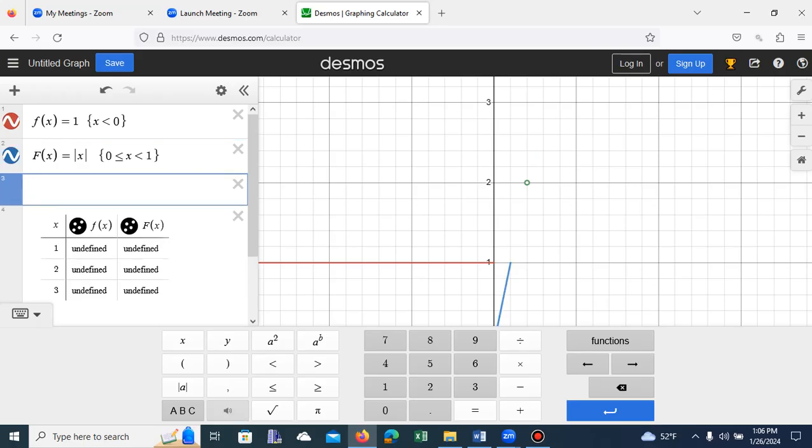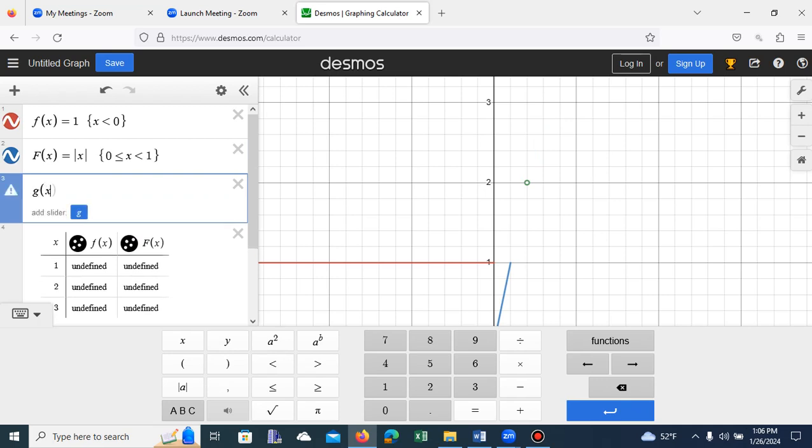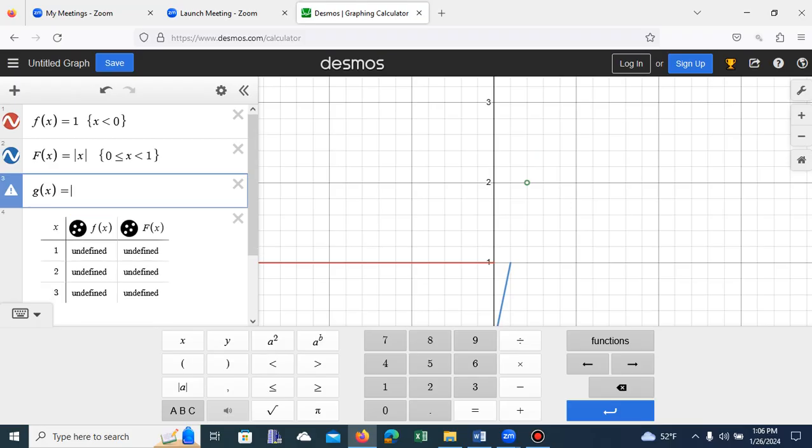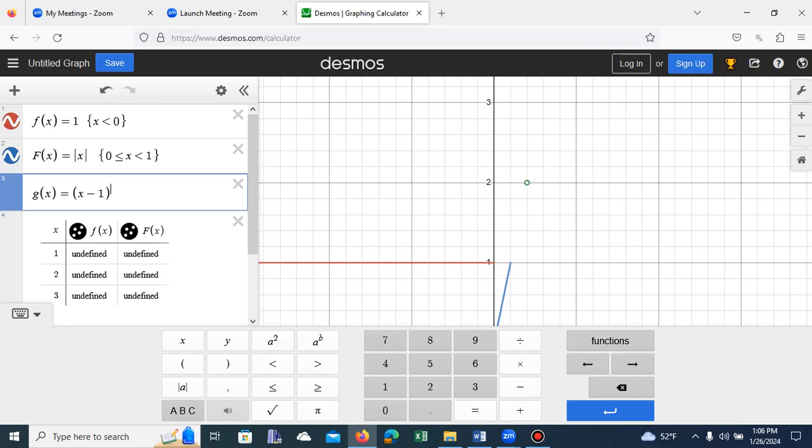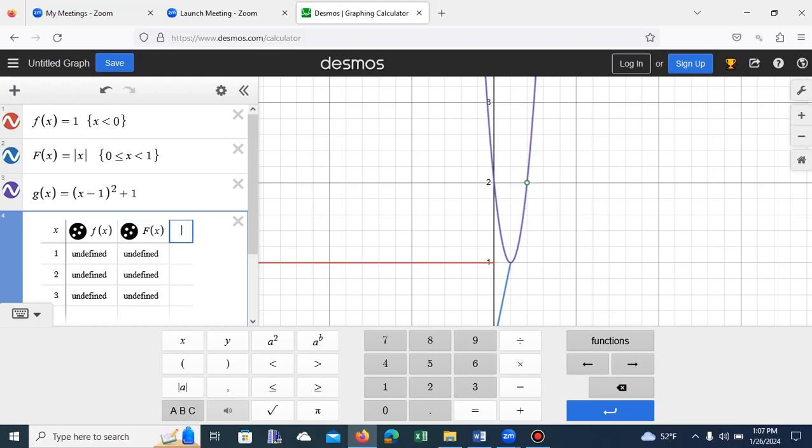Then we'll do one more. Let's call this g of x, just so we can identify the pieces. We'll set that equal to x minus 1 squared plus 1. So this will be g of x.